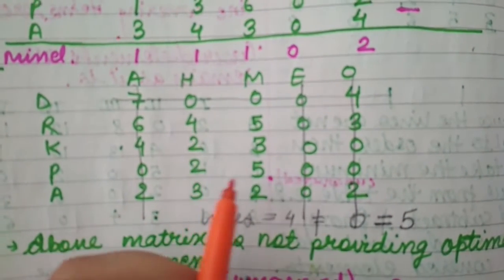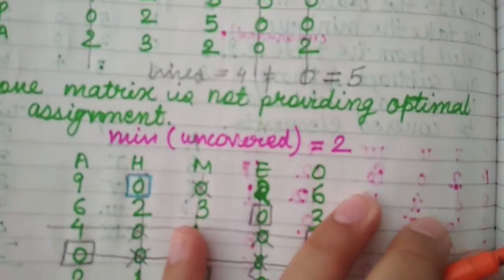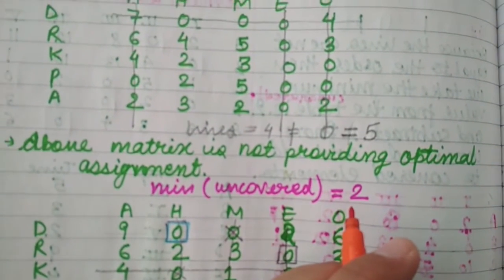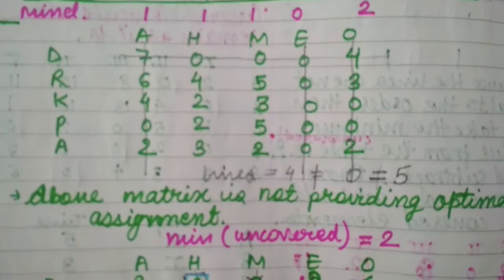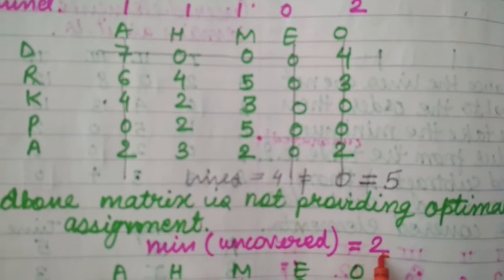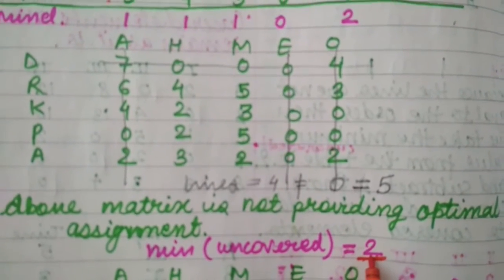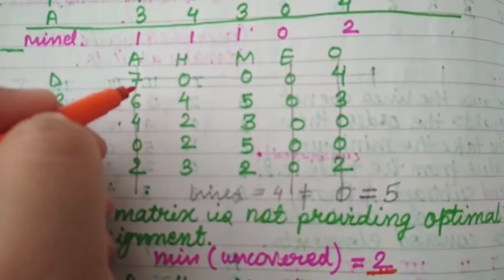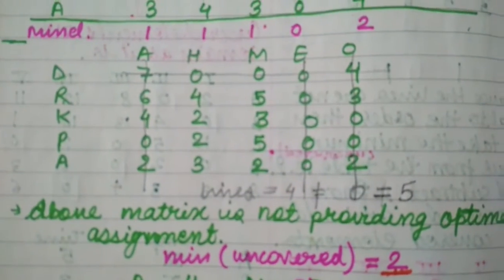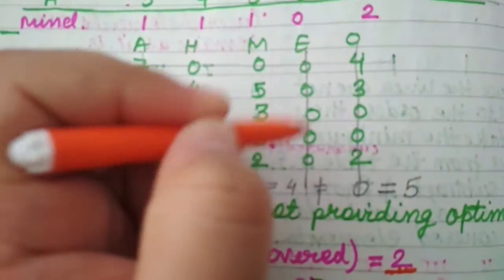We will find the minimum element from these uncovered elements, and that is 2. Now the rule says, and this is a very important part, you must listen carefully: the minimum value 2 is added to the intersections of these lines in the covered elements.